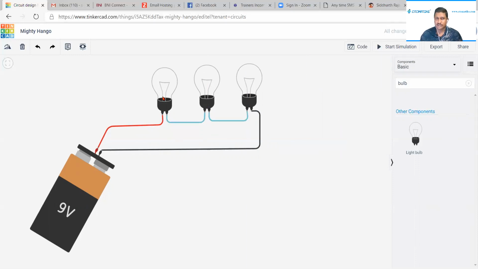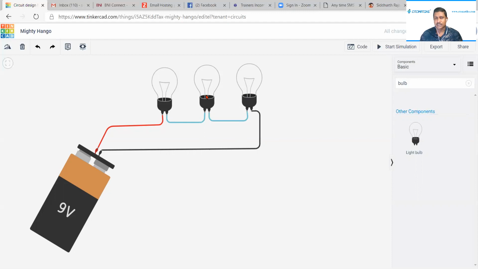If you check the circuit, the second bulb is dependent on the first bulb's connection, and then the third bulb is dependent on the second bulb's connection. If any one is not working, for example, let's imagine bulb 1 is not working, obviously bulb 2 and bulb 3 won't be in a position to work. The reason is they are connected in series, right? Suppose bulb 1 is glowing but there is some problem with bulb 2.